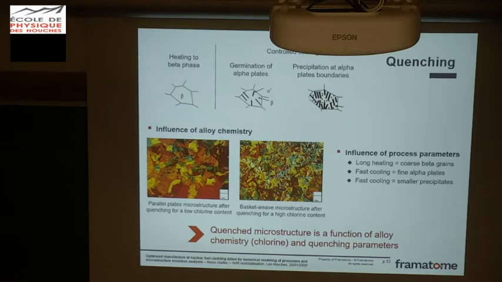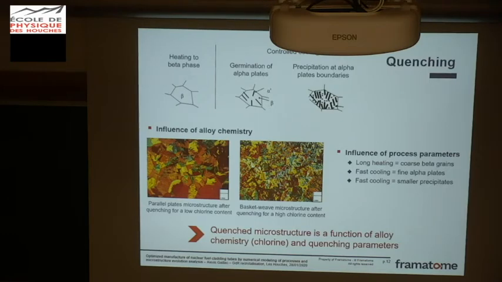For our alloys, what we call quenching is we heat in the beta phase up to 1000 and something degrees. Then we have a controlled cooling with a given cooling rate. We have nucleation of alpha plates within the prior beta grains. And we have some elements that will precipitate at alpha plate boundaries.